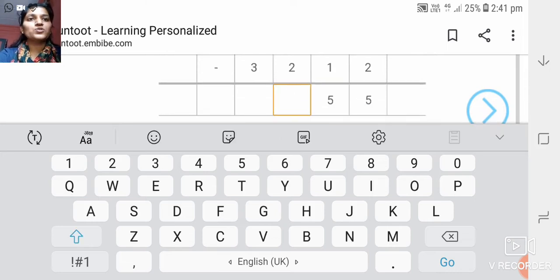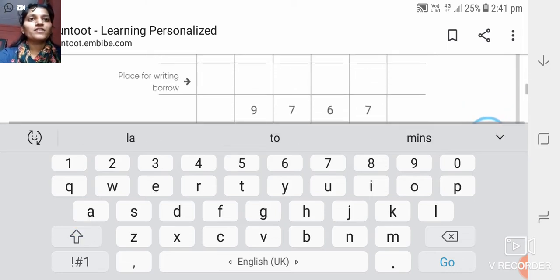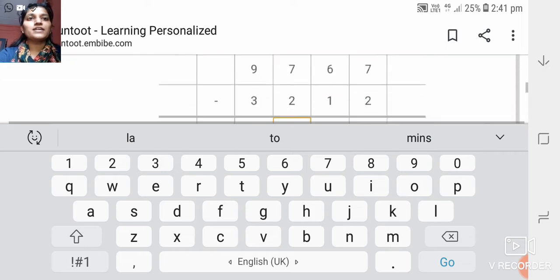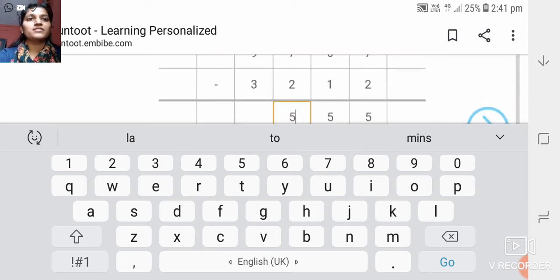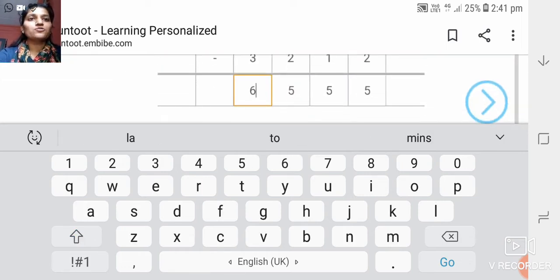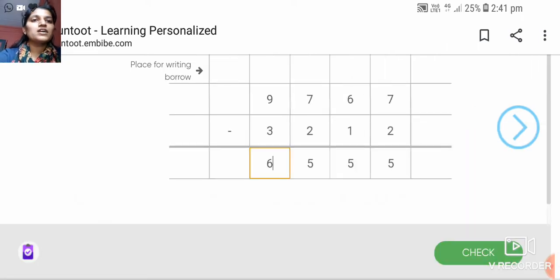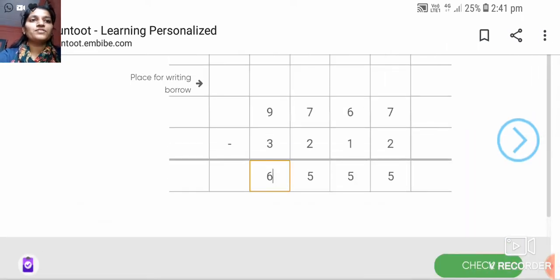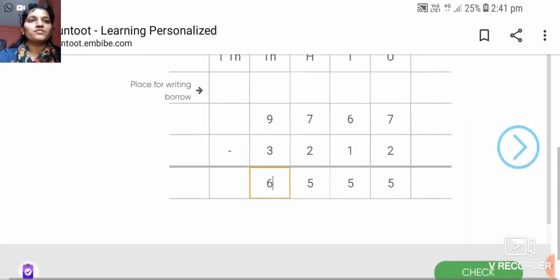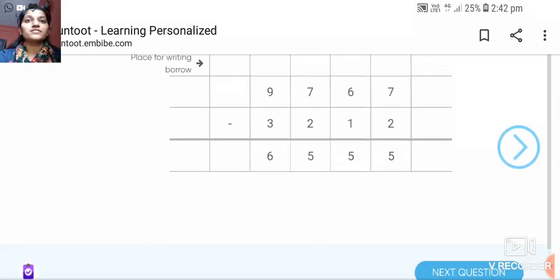So 7 minus 2, again 5. In the thousands place there are two digits, that is 9 minus 3. So 9 minus 3 is equal to 6. So this is our final answer, 6555. So let's check our answer. Yes, next question, that means our answer is correct.